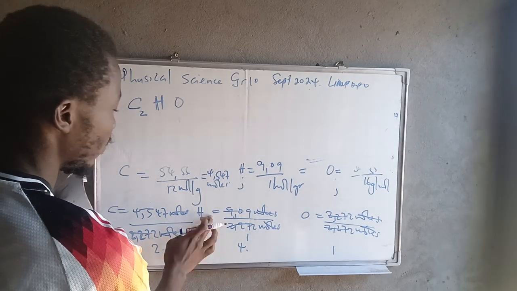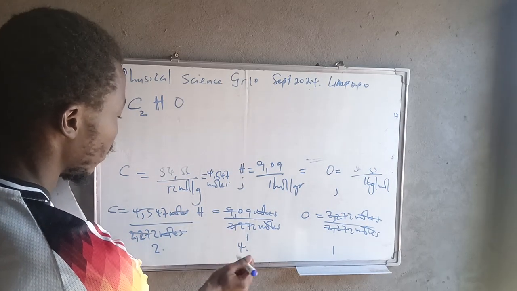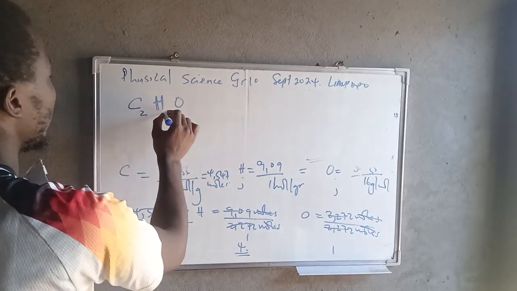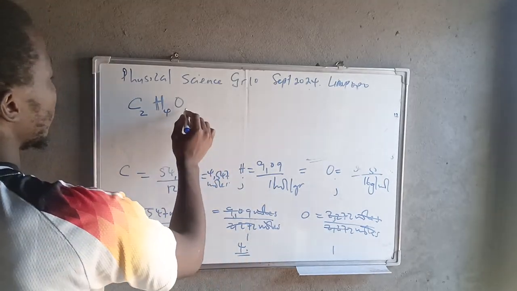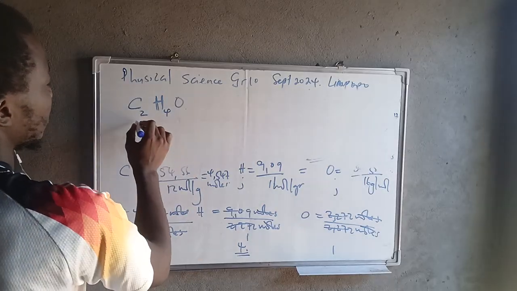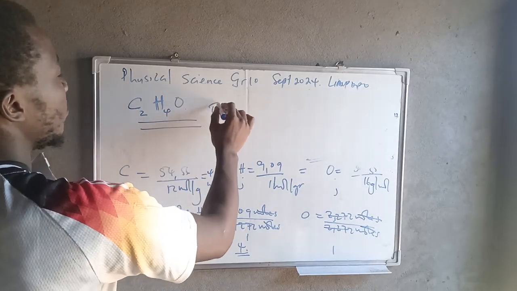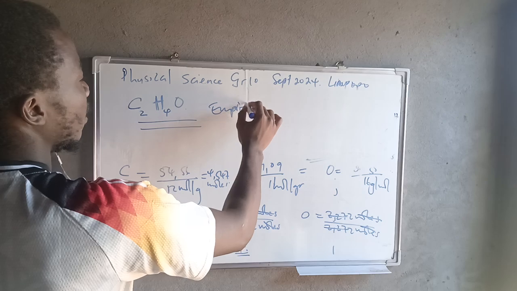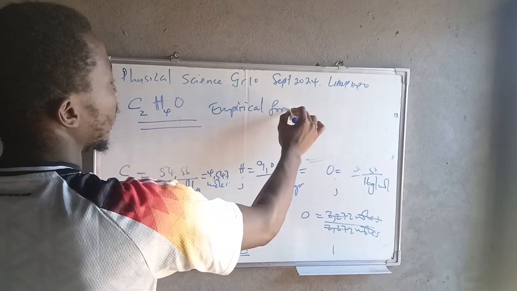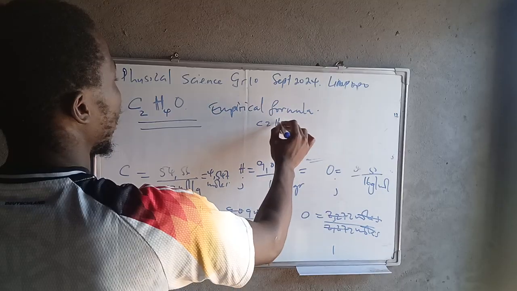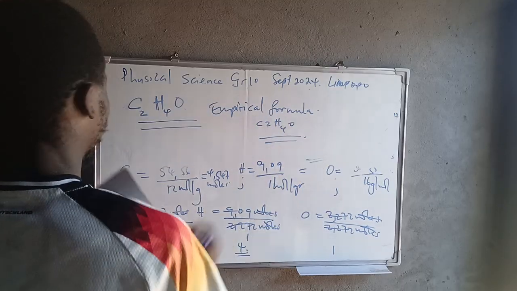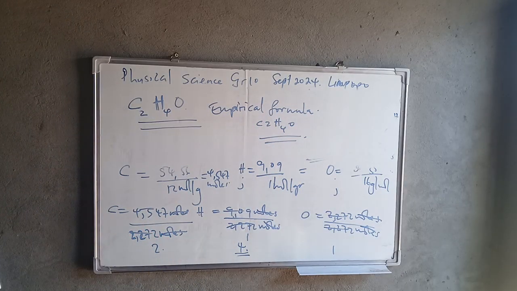For hydrogen we have 4, so we put 4 there. For oxygen we have 1, so we don't write anything, because it's the same. So the empirical formula is C2H4O. This brings us to the end of the question.